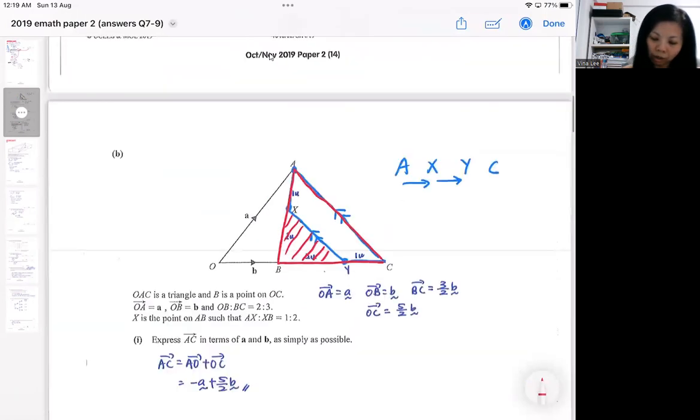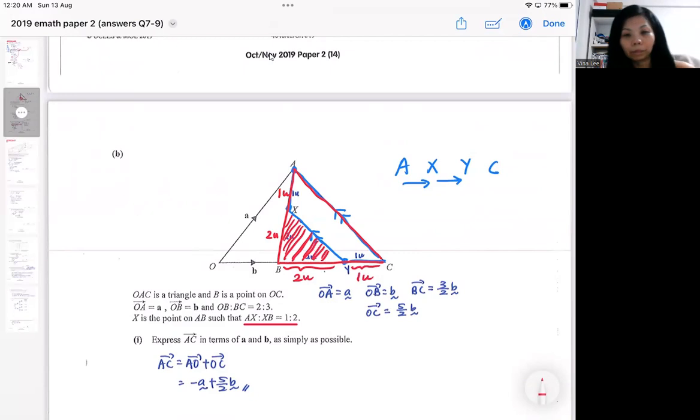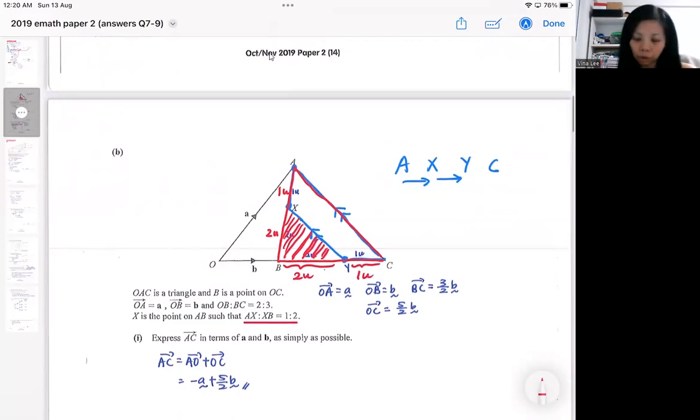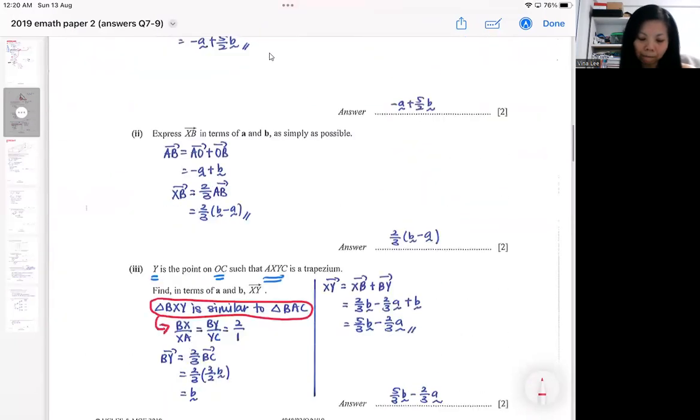So remember just now there's this ratio that I have not used. So this is 1 unit, this is 2 units. And if you can deduce that it's a similar triangle, that means this will have been 2 units, this will have been 1 unit as well. So in fact, you can use the ratio from the similar triangle to find some vectors.